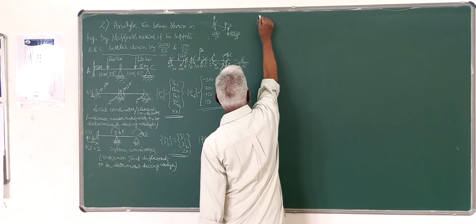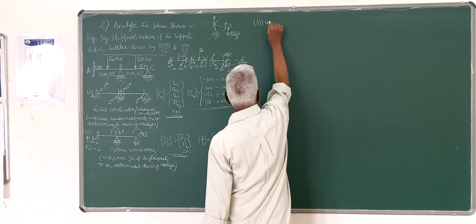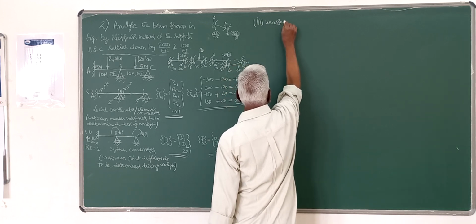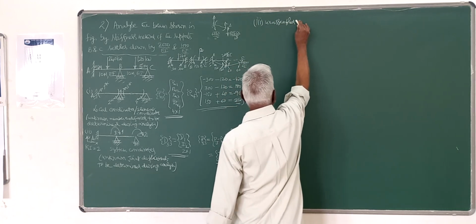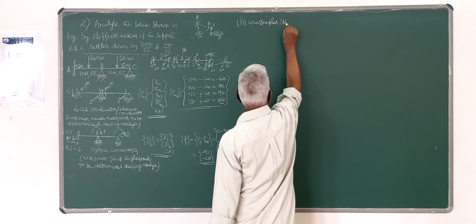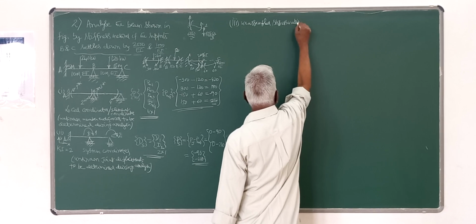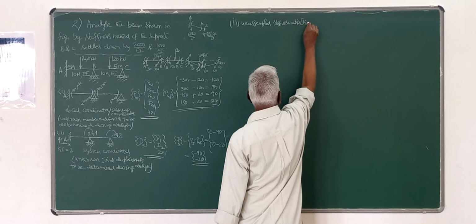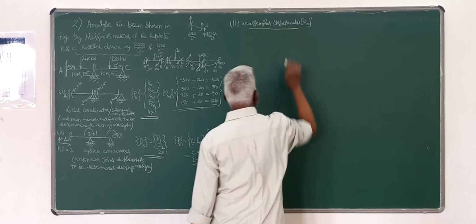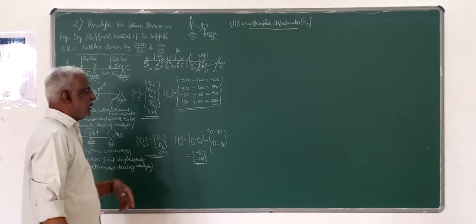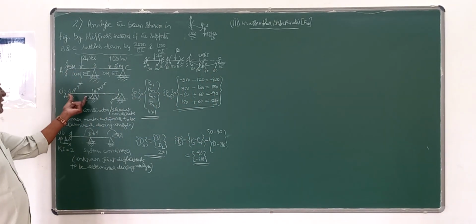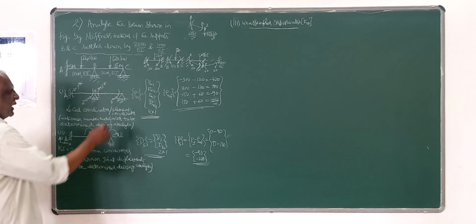Then the third step is the unassembled stiffness matrix, that is CM. This unassembled stiffness matrix is nothing but the stiffness matrix of each member. Here there are 2 members, AB and BC.